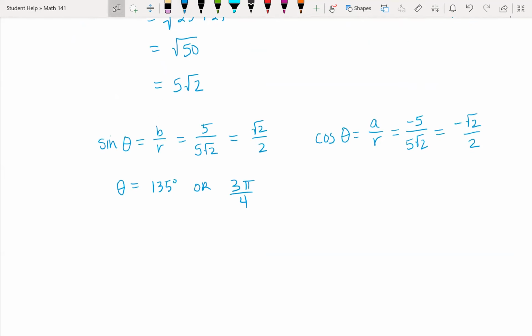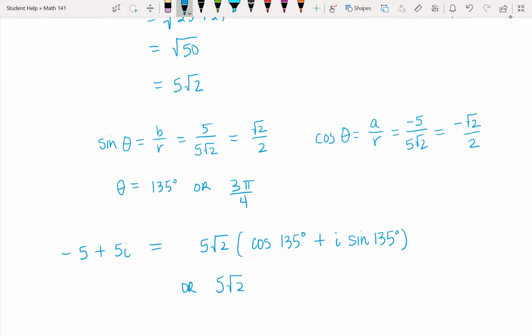So writing our final answer, we have that -5 plus 5i can be written as 5 times the square root of 2 times cosine 135 degrees plus I times the sine of 135 degrees, or 5 times the square root of 2 times cosine 3 pi over 4 plus I sine 3 pi over 4.